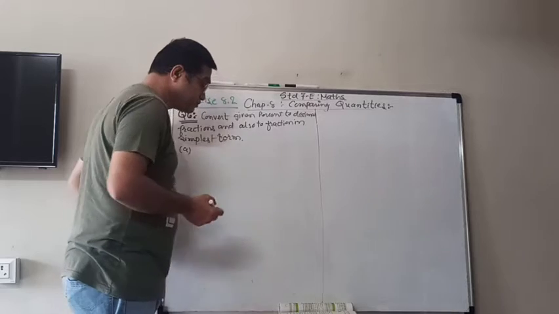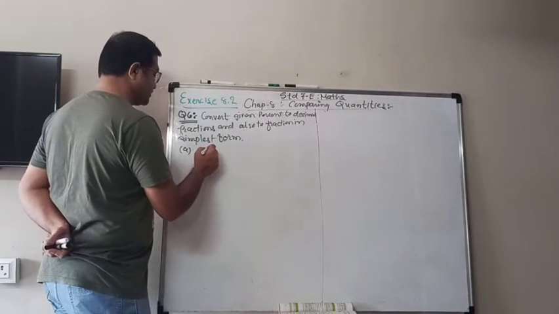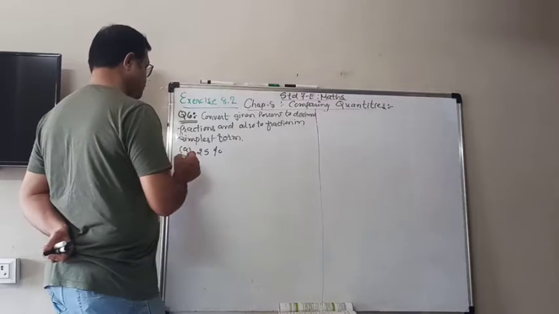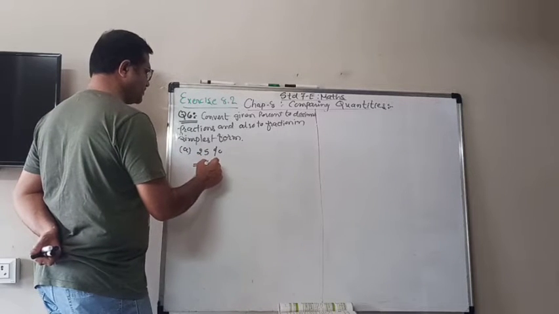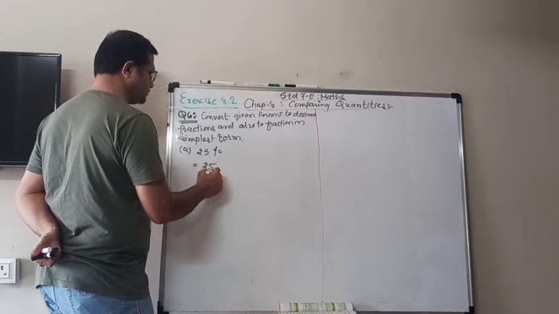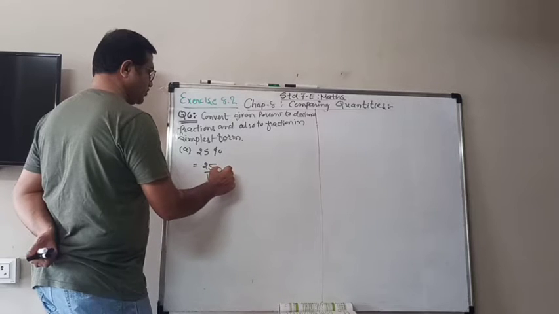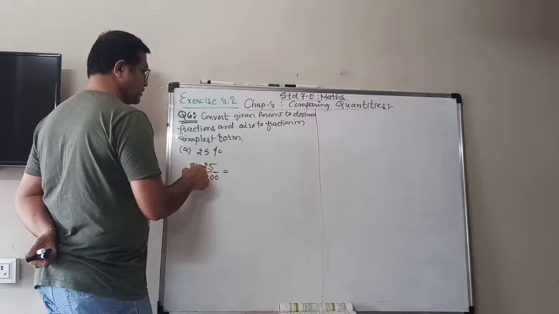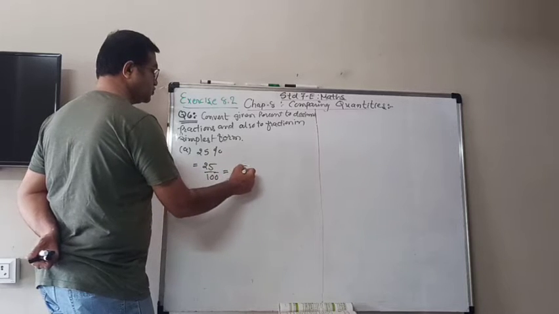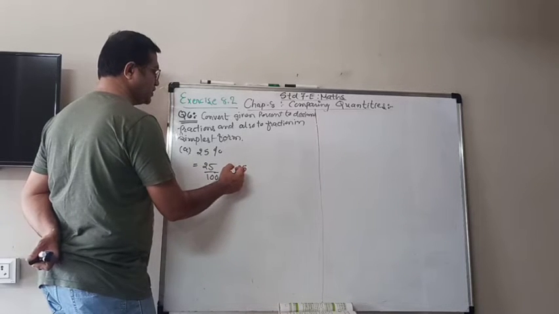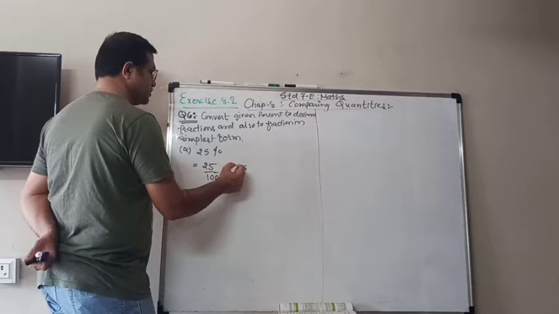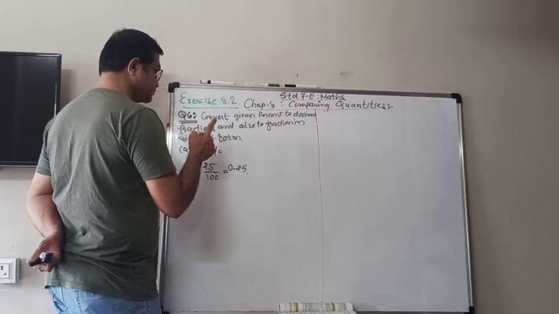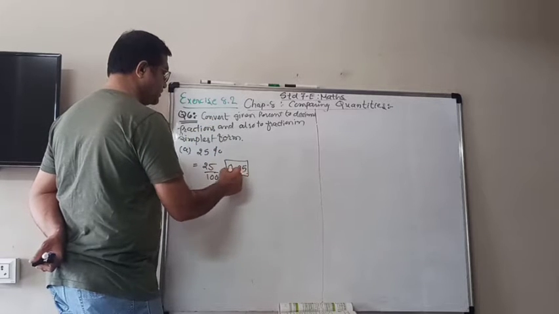First one is 25%. So now 25% is 25 upon 100. And we know that when there are two zeros here, we have two decimals. So 25, 1, 2 and then decimal. So it is 0.25. That is the decimal form.